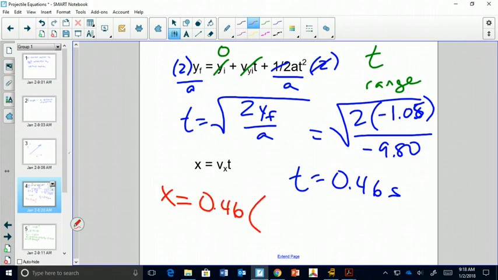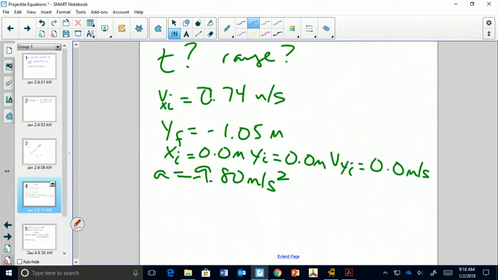What was its velocity in the x? That goes back to the velocity they gave us at the beginning, 0.74. And I multiply those two together, and we get 0.34 meters.